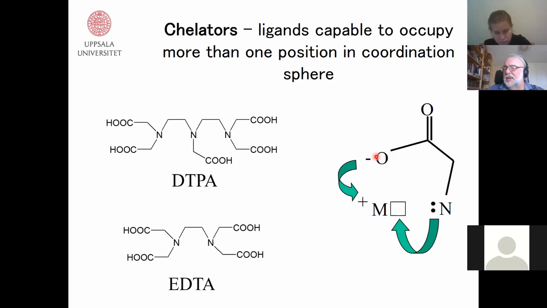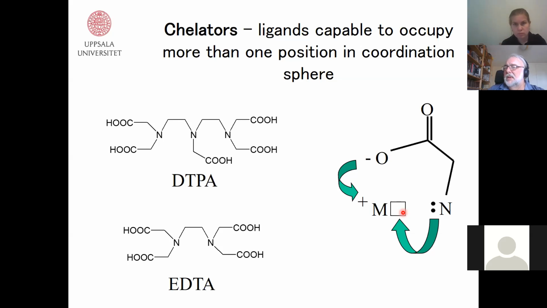It might be simple electrostatic interaction between negatively charged oxygen and positively charged metal. Nitrogen atoms typically have an unshared electron pair which they could donate to an empty vacant orbital of a transition metal and accordingly form a dative bond.